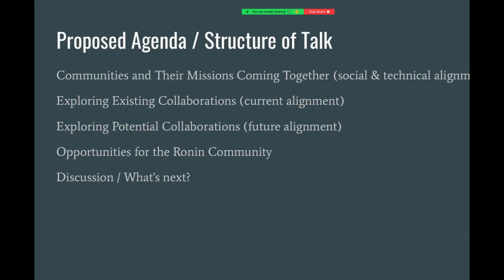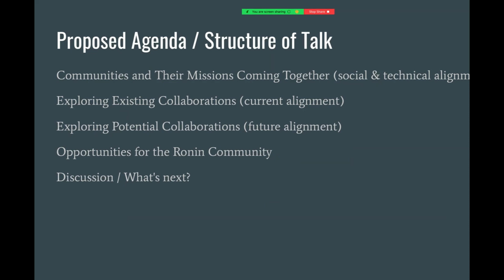Some of the things we'd like to talk about are the social-technical challenges of getting people to collaborate with each other. This is all about exploring existing collaborations, like who's already working together, and exploring future collaborations.